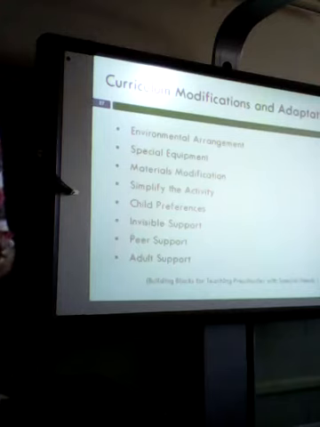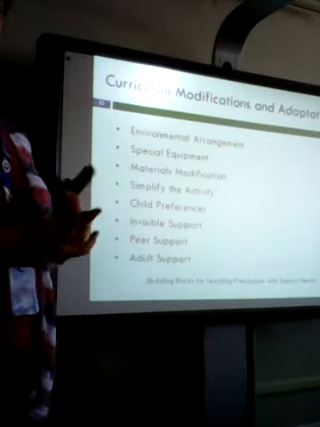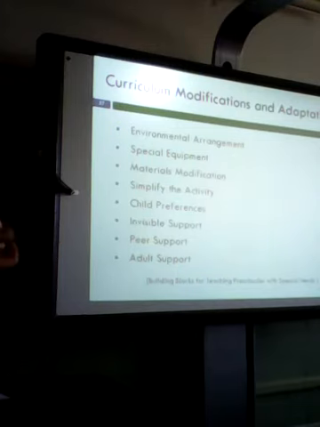So what about special equipment? Some examples of special equipment you might need to consider: different types of feeding, different types of utensils like left-handed scissors or full grip scissors, stubby pencils.